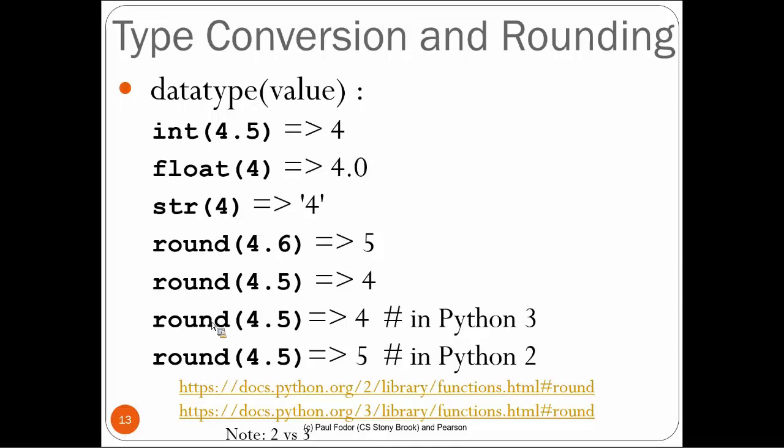Earlier we saw that if we want to convert a number to a string, we have to do it explicitly with str, passing in the number, and it will convert it to a string. Python is strongly typed, so we have to do this when we need to work with strings instead of numbers.